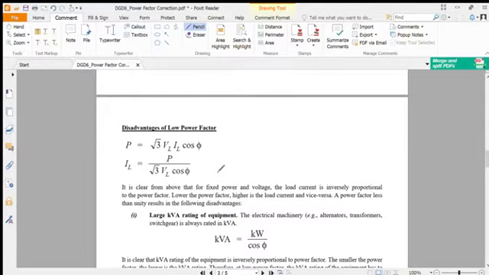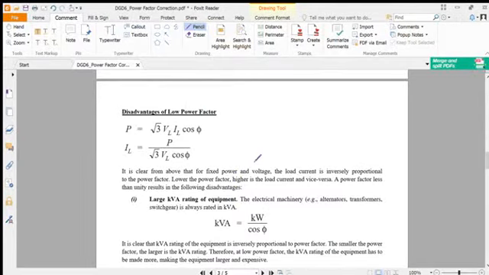So for the three-phase circuit, P equals root 3 V I cos theta, all in line values, and if we write it in phase values, P equals 3 times phase voltage, phase current, and cos theta.